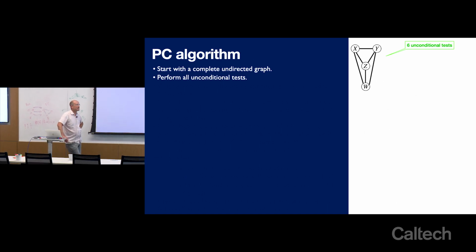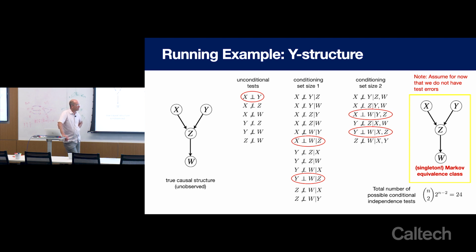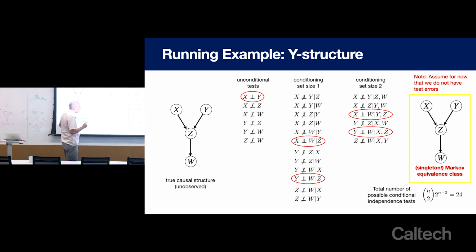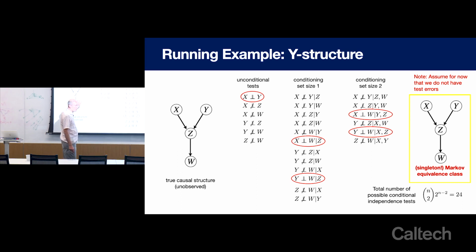So in the previous slide, these tests, they are fixed every time you have four variables. I don't know what you mean by fixed. So indeed, these are the 24 possible tests that I could have over 4 variables.